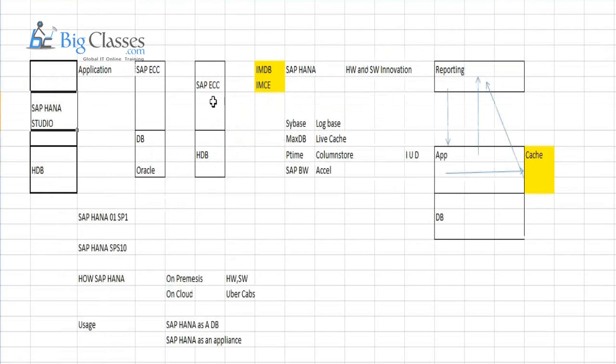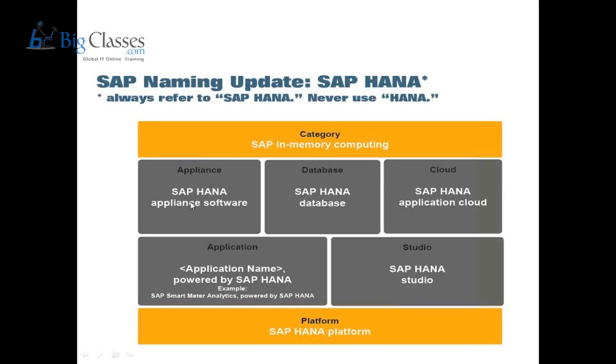If the customer is trying to build his entire application using SAP HANA Studio, because he is remodeling his solution in Studio on top of his HANA database, it is called SAP HANA as an appliance.